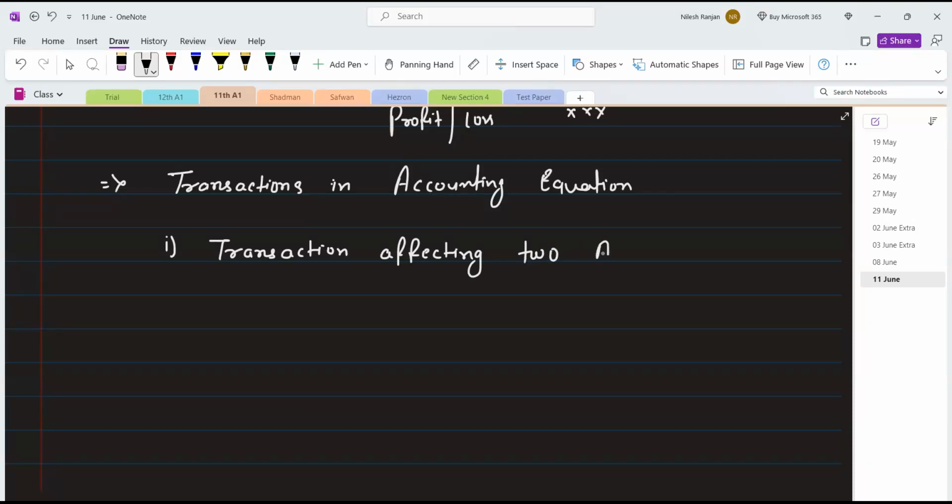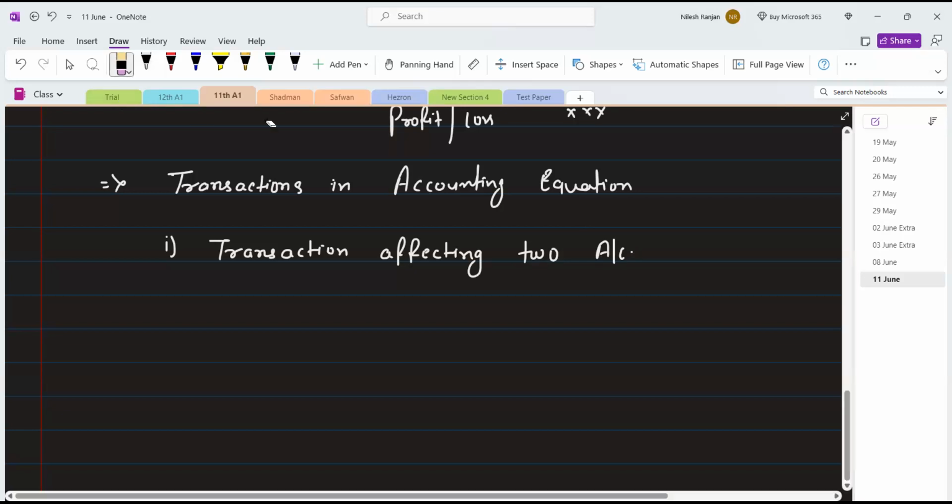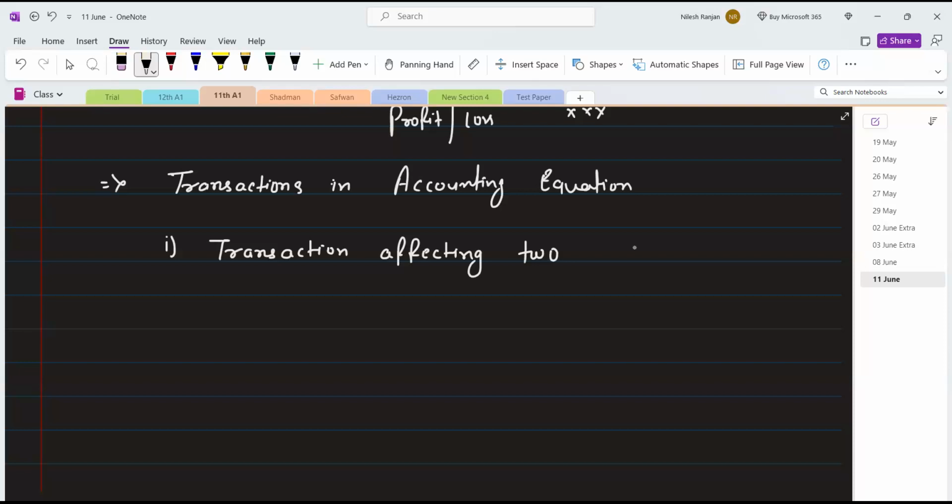It should be items. And the second is transaction affecting more than two items.